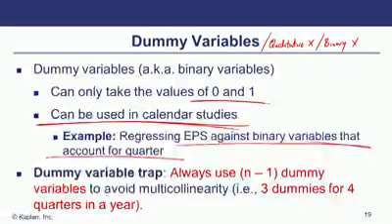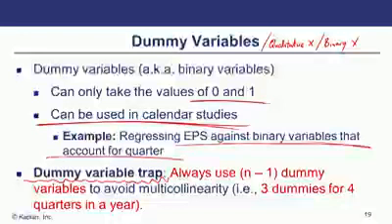Now, remember with dummy variables, however, that you are trying to avoid, as much as possible, falling into the famous dummy variable trap. Now, logically, one might say there are 12 months in a year, so I gotta use 12 dummies. There are 4 quarters in a year, so I gotta use 4 dummies, right, for the quarterly study.